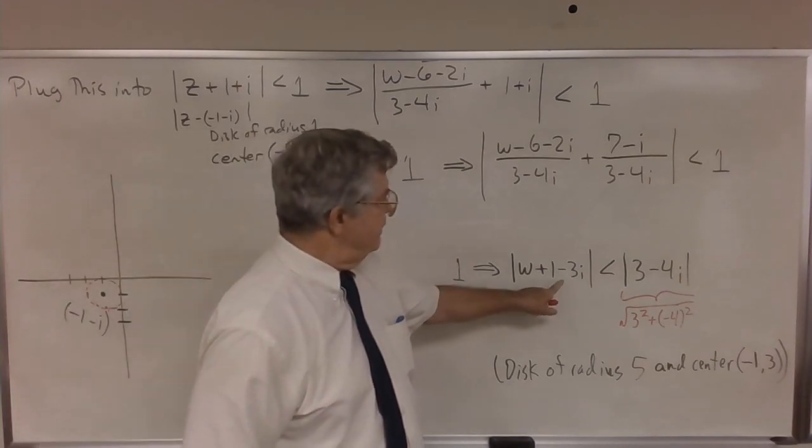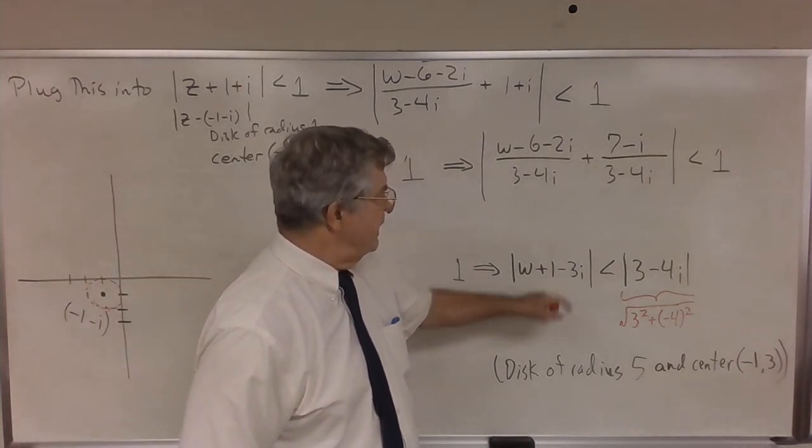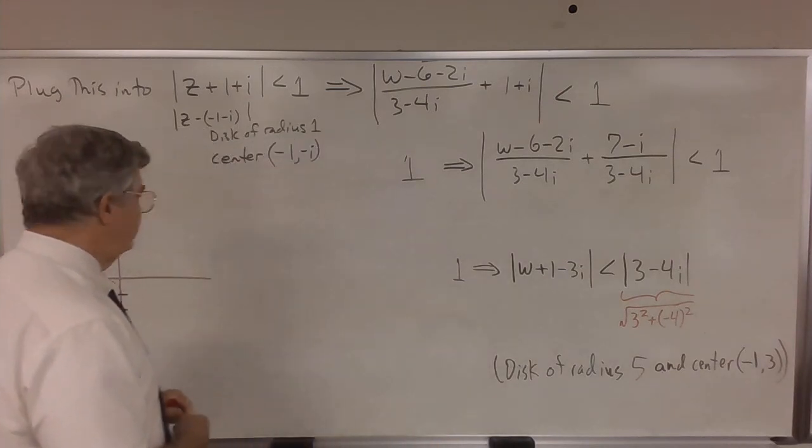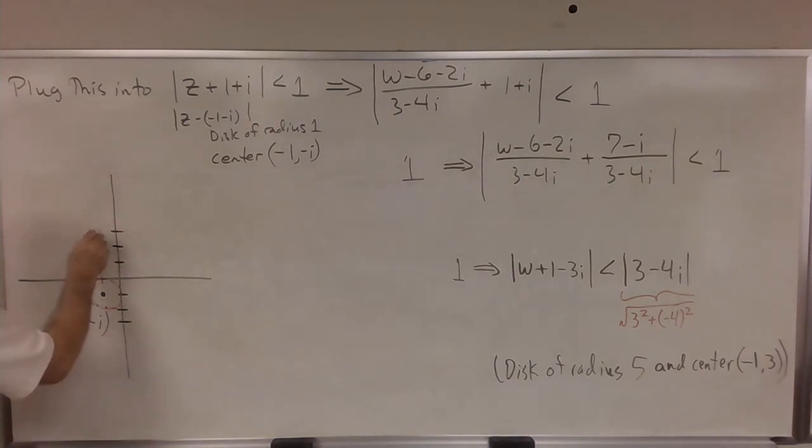And here's our disk of radius 5, center negative 1, positive 3.